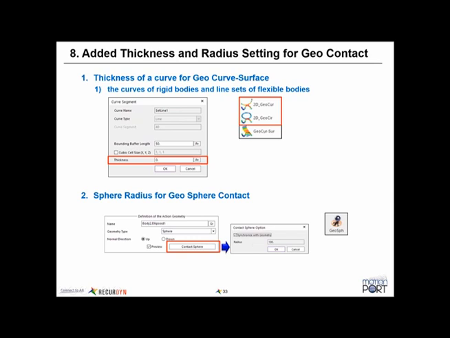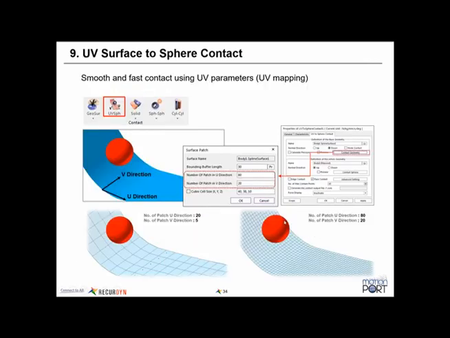So again, if you're doing a design of experiments with many runs, you can just use a parameter to change the size of the sphere, and the contact is already updated for you. That's quite convenient.